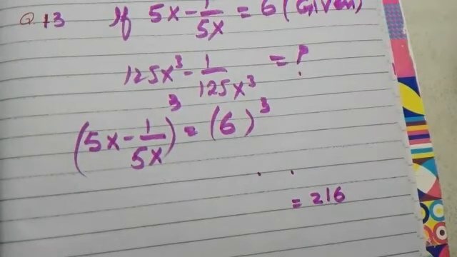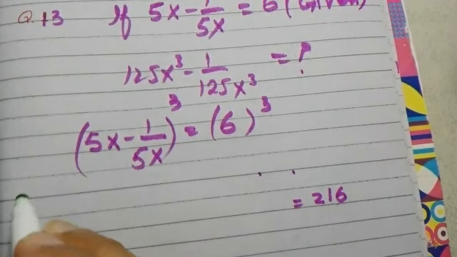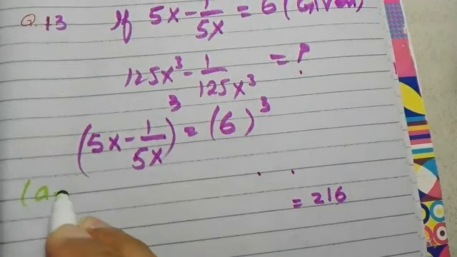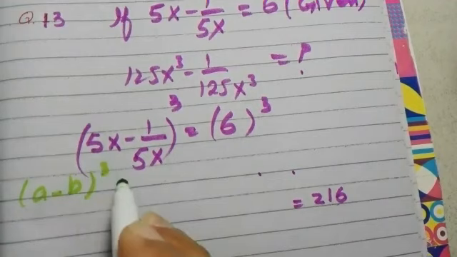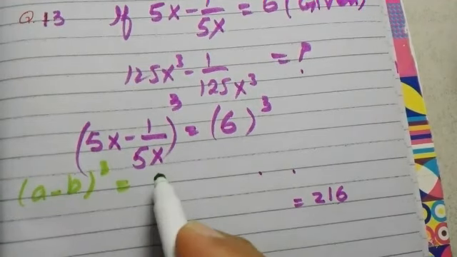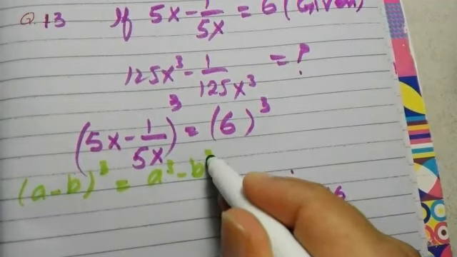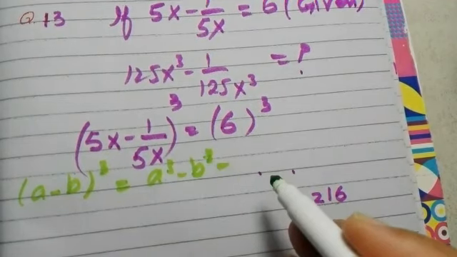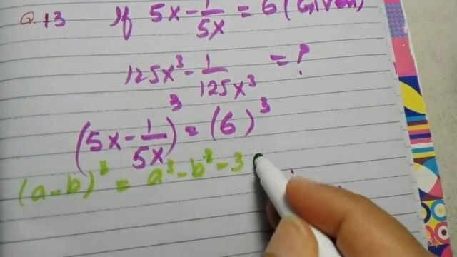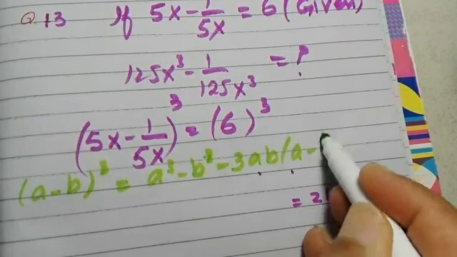And for left hand side, you will use a formula a minus b whole cube equals a cube, minus b cube, minus 3 times ab, a minus b.